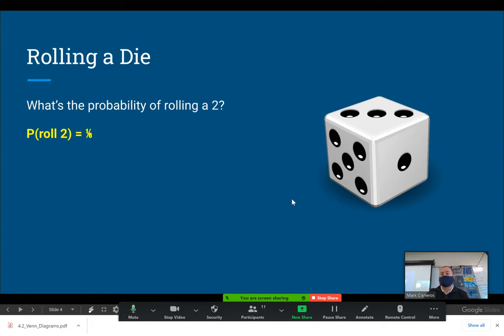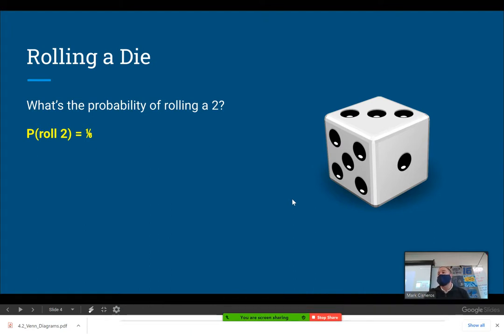Divide 1 by 6 on your calculator. What is the decimal version to 3 decimal places? Point 166, and what's the number after the 6? 6. So 0.167 would be the correct rounding.